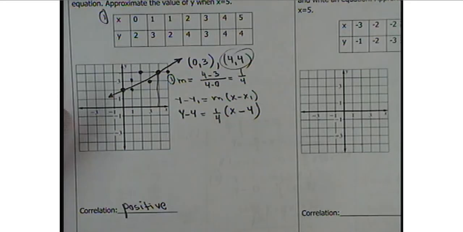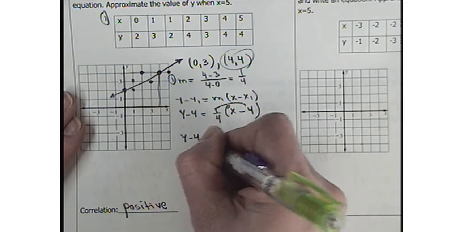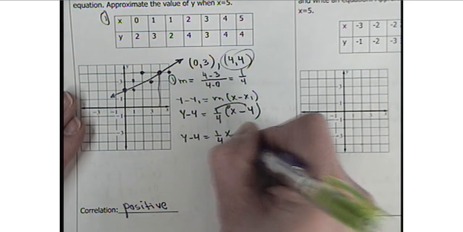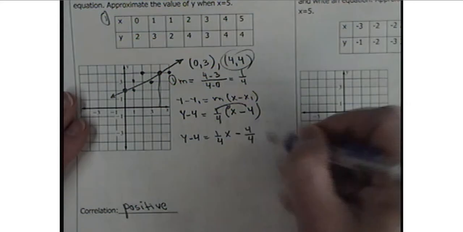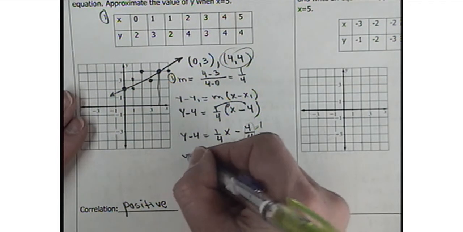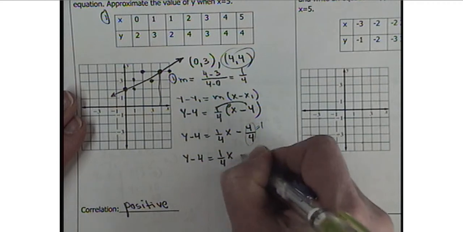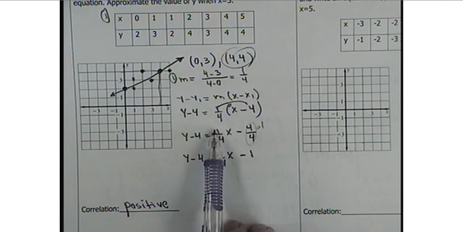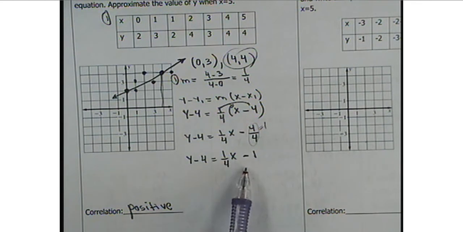Okay, distributive property here. y minus 4 is equal to 1/4 x minus 4 over 4. Well, 4 over 4 equals 1, so I'm going to rewrite that: y minus 4 is equal to 1/4 x minus 1. And if you're using a calculator and you type 1 divided by 4 times -4, you will get the answer -1 right away.